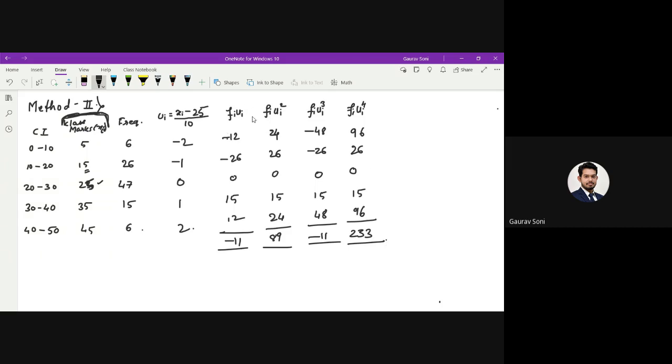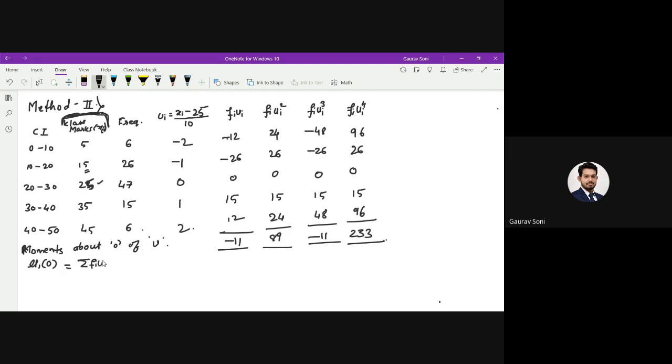So mu1 of 0. These are called the moments about 0 of which variable? U. So mu1 of 0, what will be the formula?